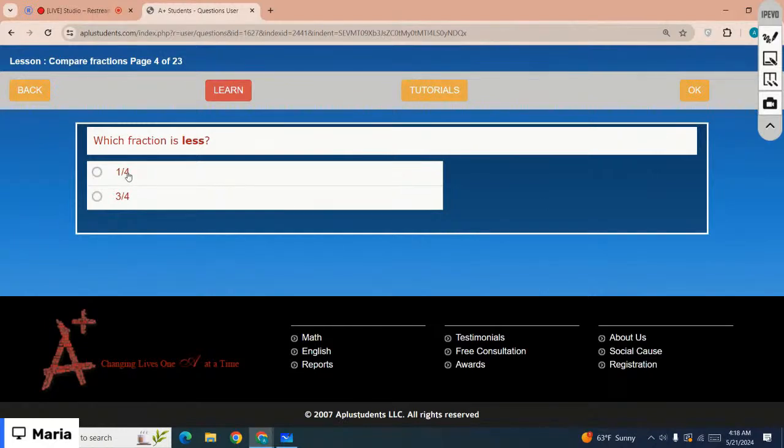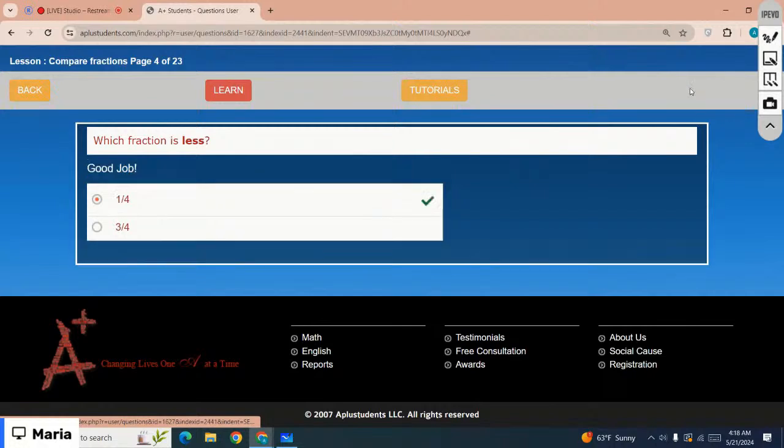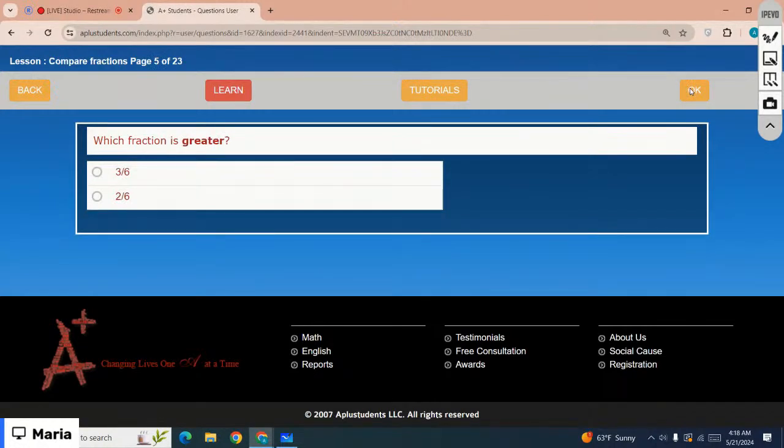The correct option is 1 over 4. Which fraction is greater? 2 sixths or 3 sixths? Which is the correct option?